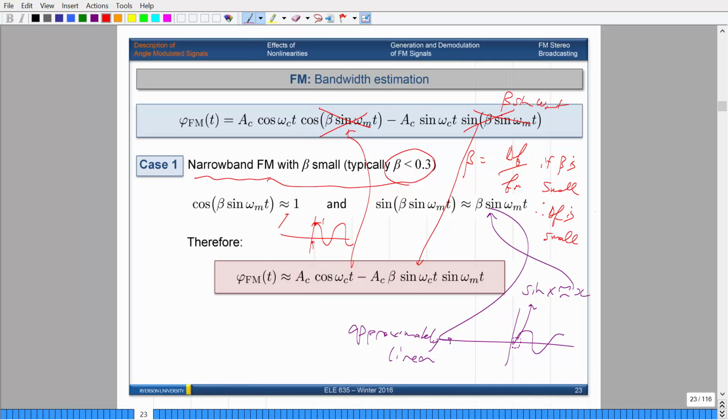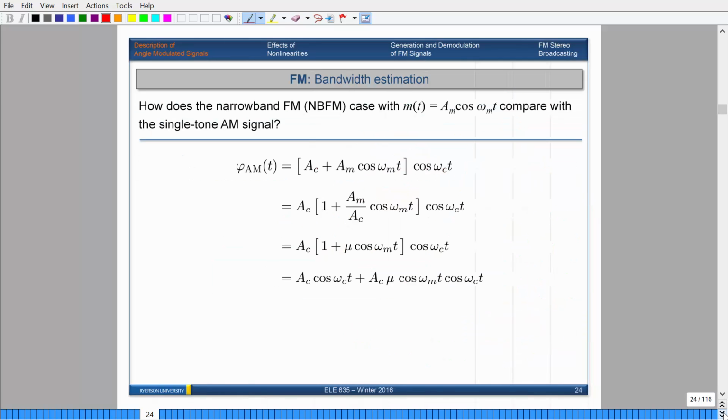So if the modulation index is pretty small, or there's not much deviation away from the carrier, then you can approximate the frequency modulated signal as a sum of one cosine and a product of two sines. That's what happens when it's very narrowband.